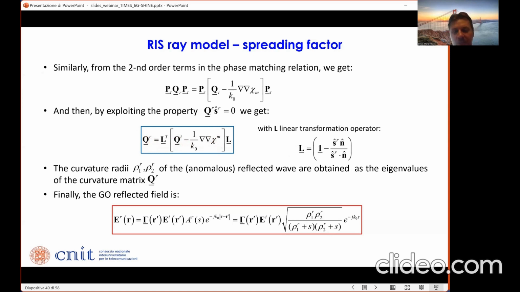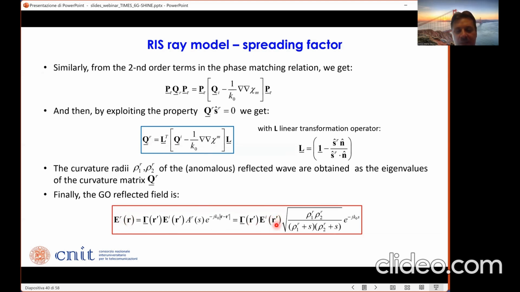So the problem is completely solved because with this expression, I'm able to get the reflected field at any point along the reflected ray.